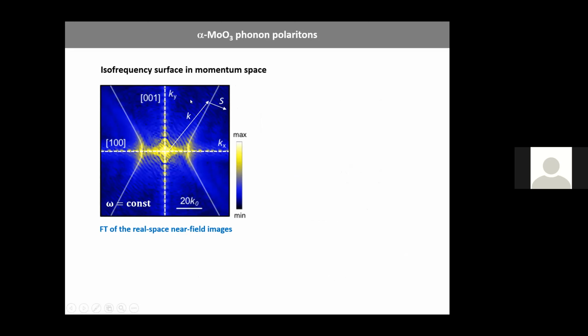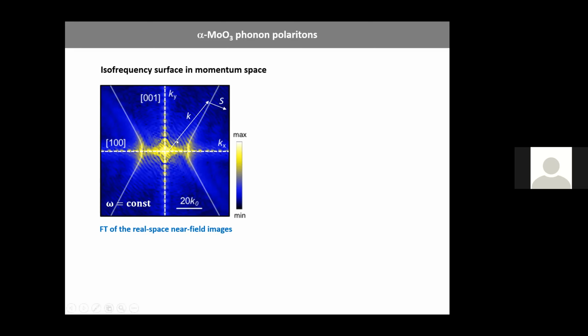So in this isofrequency curve, if we move from the origin to the curve, we have all the Ks that are available in this material. And because we have an asymptote here, we can have many different Ks, all very large. This gives the possibility that in this material we can support an extremely high density of optical states. And this is important for light matter interaction studies and so on.